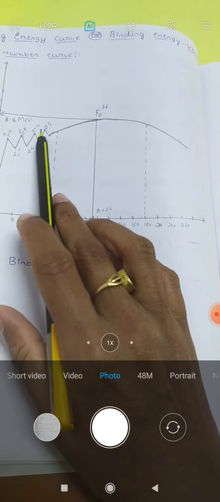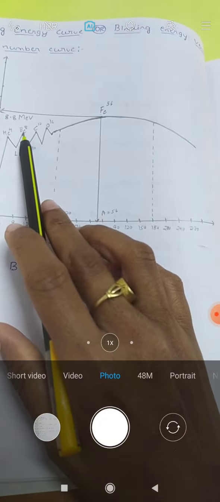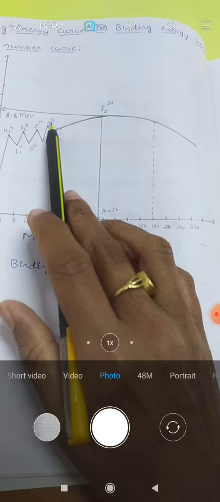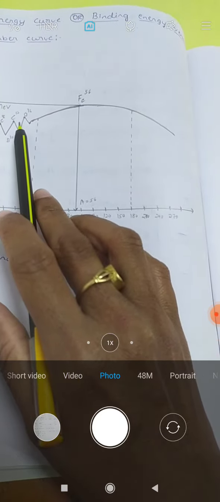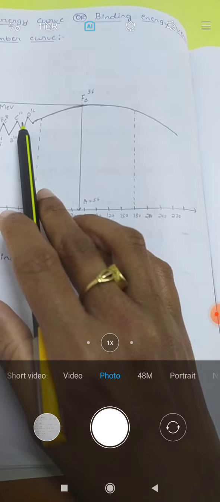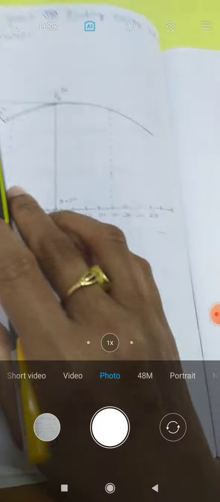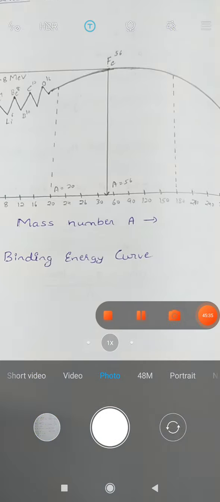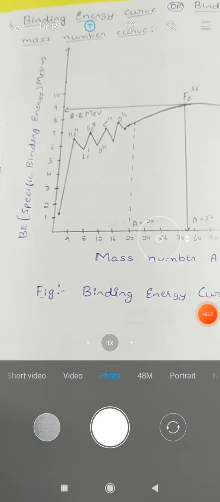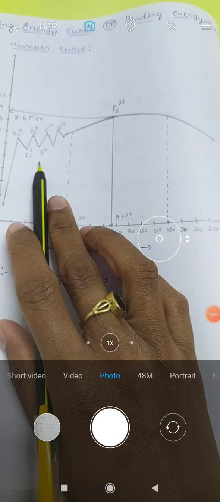The peaks consist of four different elements: helium, beryllium, carbon and oxygen. The peaks indicate that these nuclei are more stable than the neighboring nuclei like lithium, boron and nitrogen.